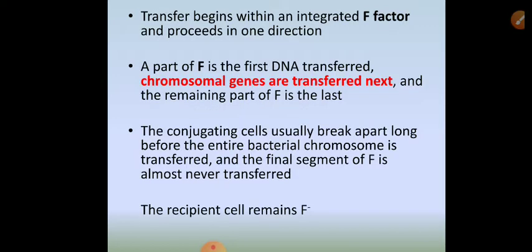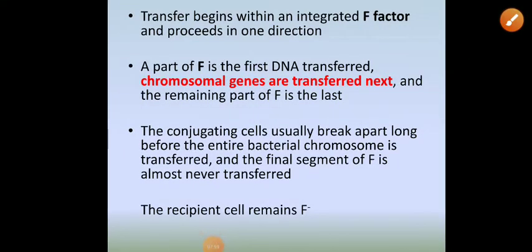So transfer begins with an integrated F factor, and then proceeds in one direction. A part of the F factor is the first DNA to be transferred. This is followed by chromosomal genes of the donor, and then the remaining F factor.